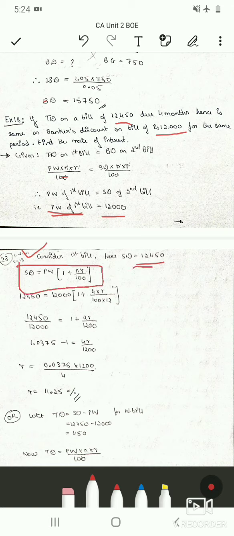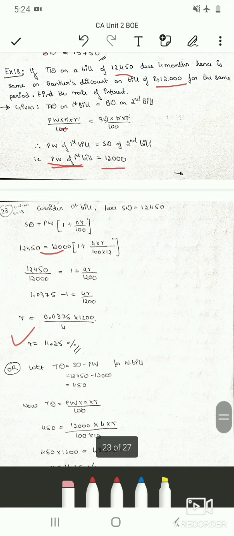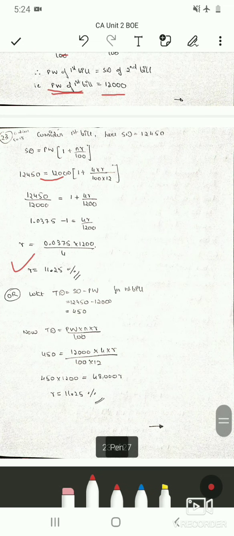So in the formula of sum due, all the quantities are known except R. So we can solve for R, and this we had seen in the first class of present worth and discount, how to solve when one quantity is unknown or it is just a simple calculation. So this will go in the denominator. So when you solve for R, it is 11.25%.